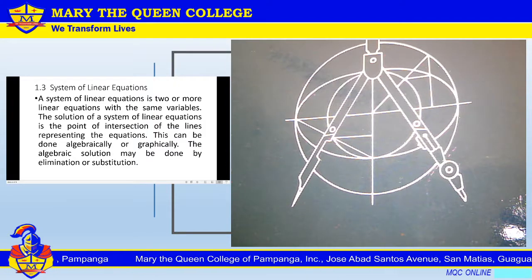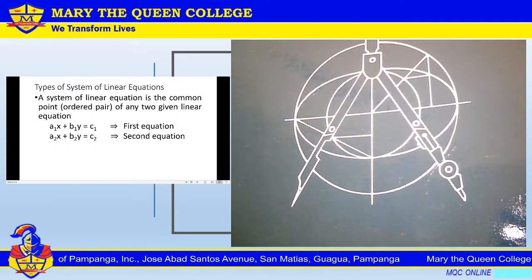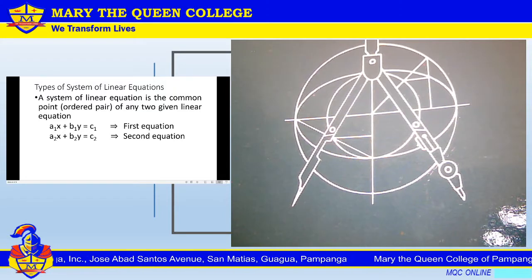After graphing the specific linear equation in two variables, we can graph these two or more equations in only one Cartesian plane. Okay? So there are different types of system of linear equations.